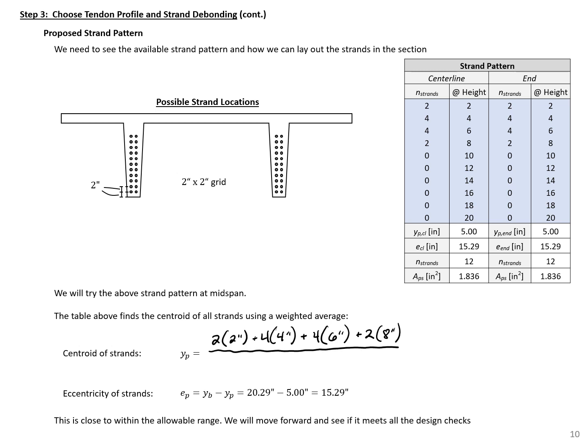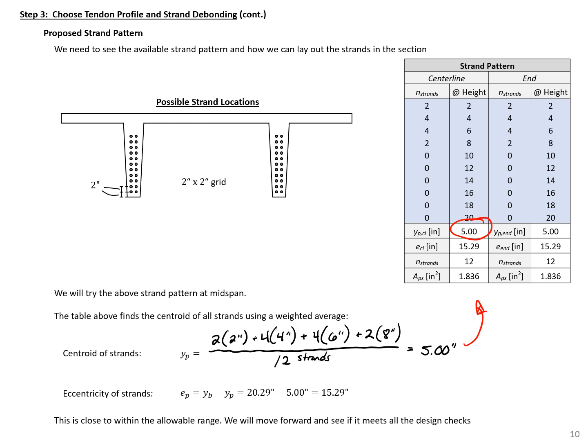We divide this by our 12 total strands, and that gives us the centroid of 5 inches, which is the same one that I found in the table. So this is just what's happening in that table up there.